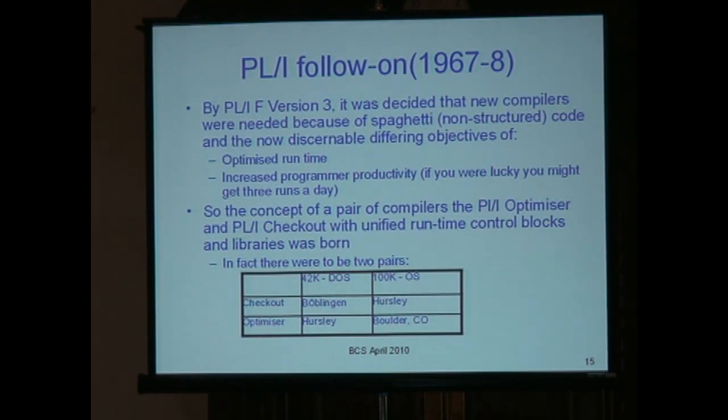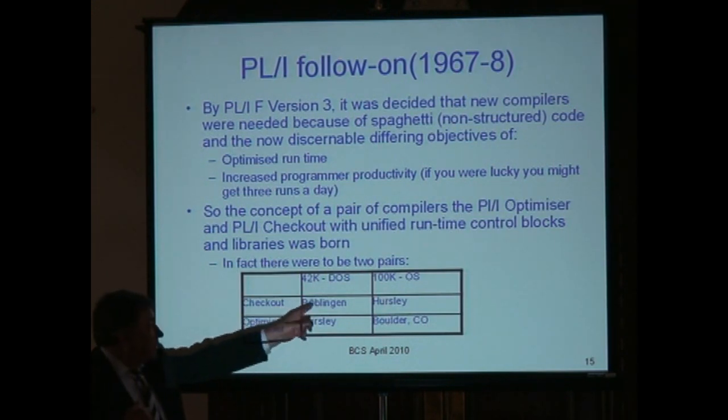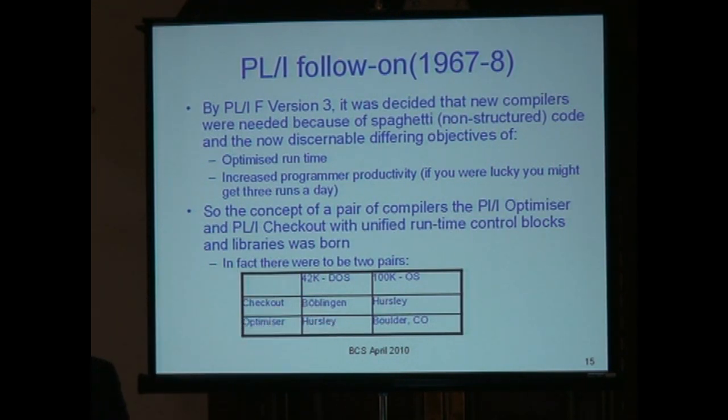You ran slower because it was an interpreter. And then the optimizer, Hursley was going to do the small one, and Boulder, Colorado was going to do the big one. Then, of course, the time came and somebody finally said, why are we spending all this money? So in the end, they chopped the Berblingen checker and the Boulder 100K optimizer and left the other 2 in place.